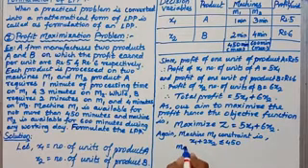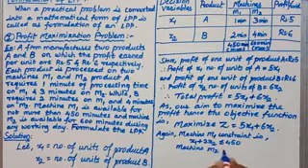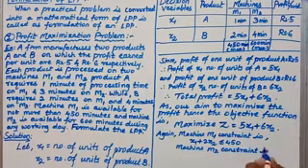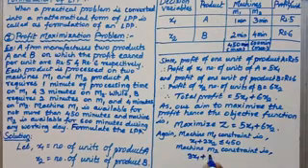Then the machine M2 constraint is 3x1 plus 4x2 less than or equal to 600.